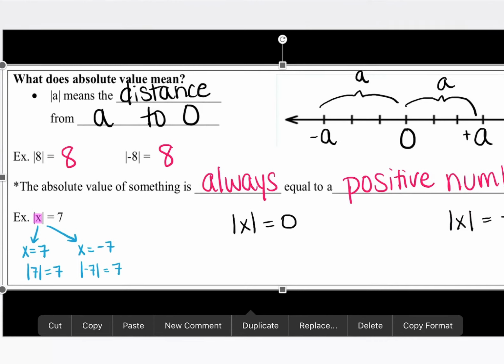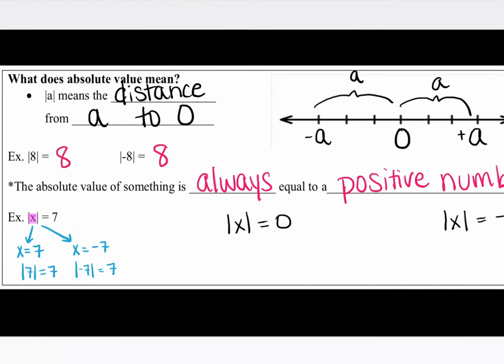Now in our second example here, we have the absolute value of x equals 0. Now here, this is just x equals 0, because 0 is neither positive nor negative.